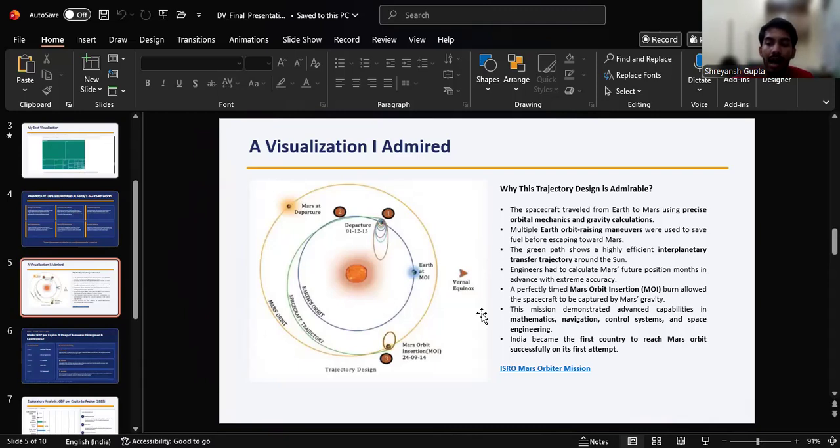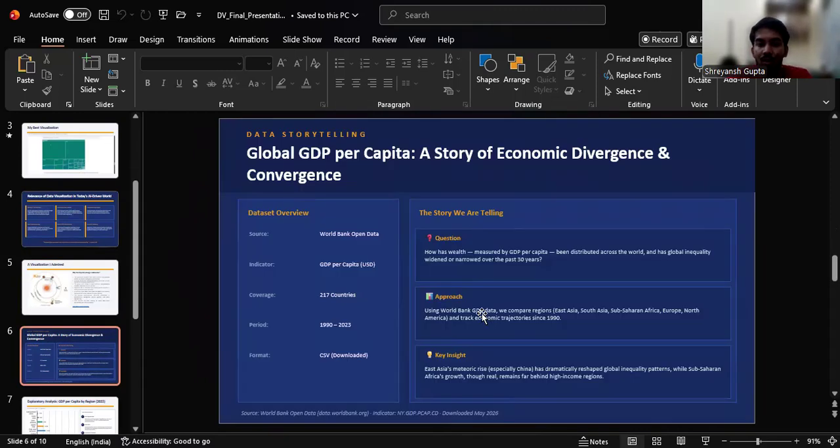The green path shows a highly efficient interplanetary trajectory, and the engineers had to predict Mars' future position and perfectly time the Mars orbit insertion burn, which allowed the spacecraft to be captured by Mars' gravity. This mission was historic because India became the first country to reach Mars orbit successfully on its first attempt. So this is very close to my heart.